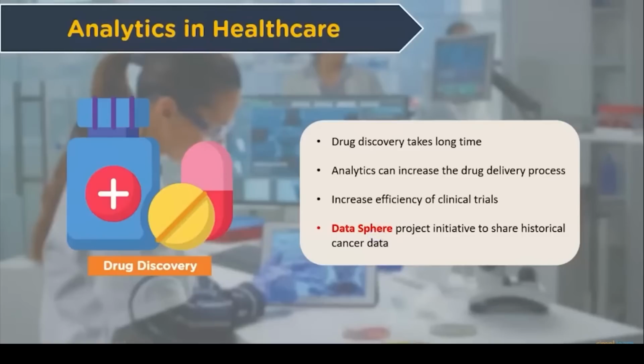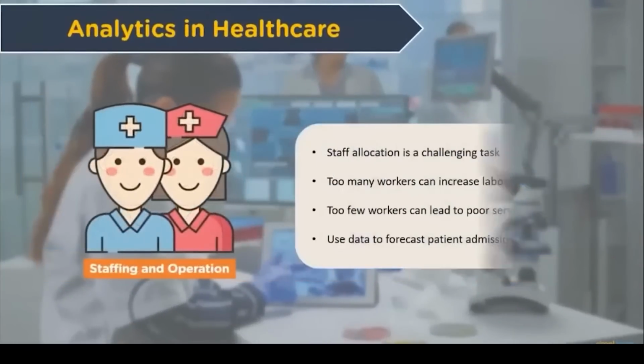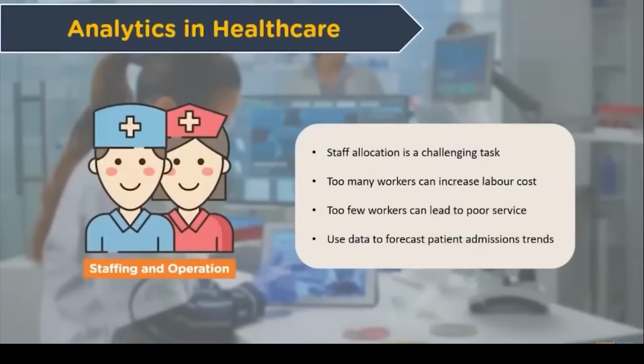Now moving on, we have staffing and operation. Now this is another crucial problem that every staff manager in a hospital faces, that is the problem of staff allocations at a given period. Understanding how many people a manager should put on a staff at any given time period can be very challenging.